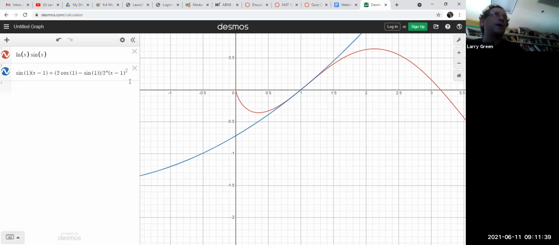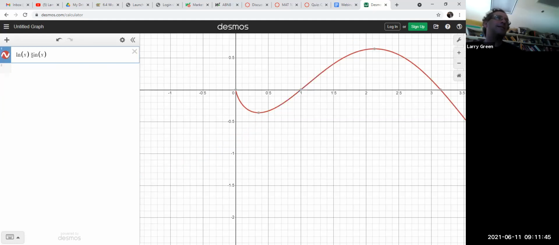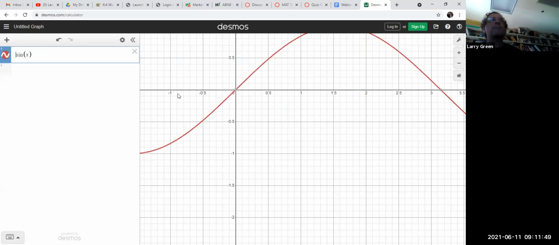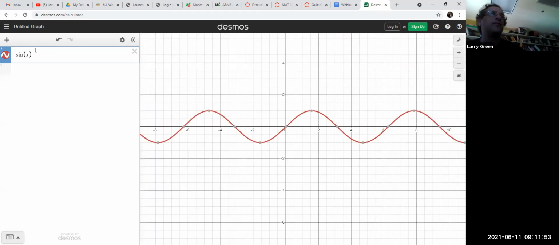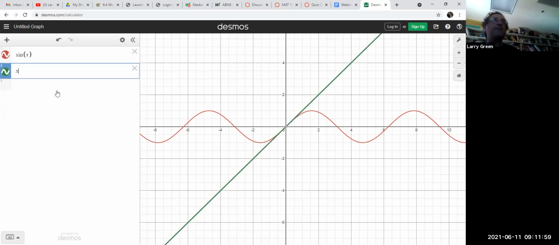Kind of an easier one, because we did this one also, is if instead of ln of x, we just have sine of x. There's y equals sine of x. And I don't know if you remember the Taylor series for sine of x, the first is this x. And just watch how it gets better.